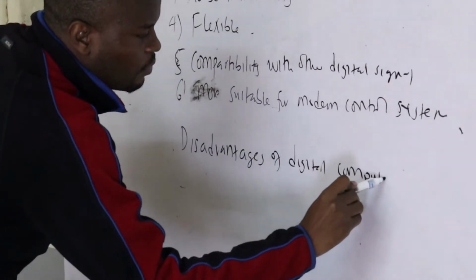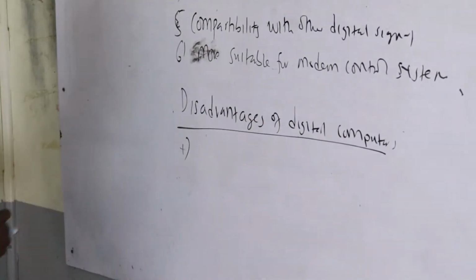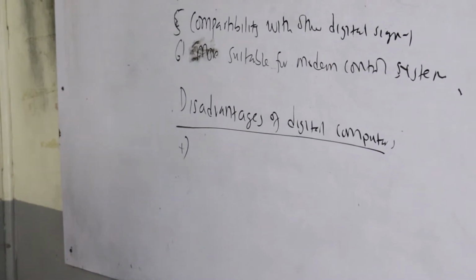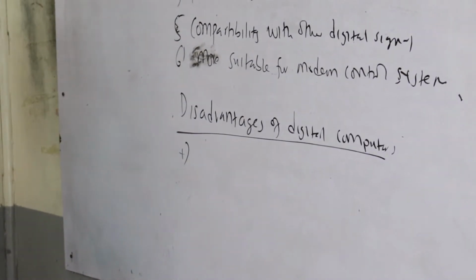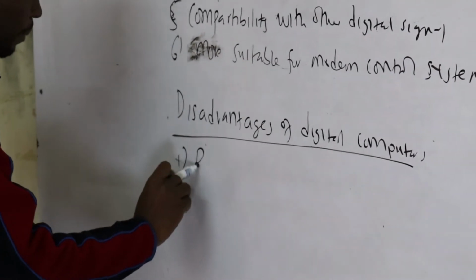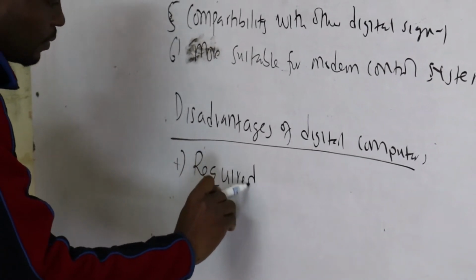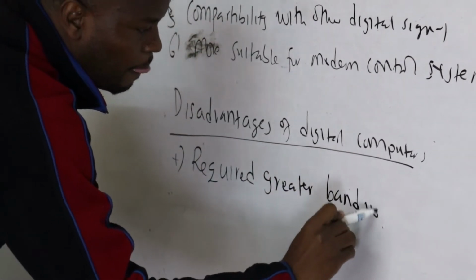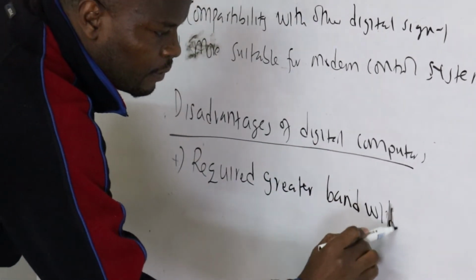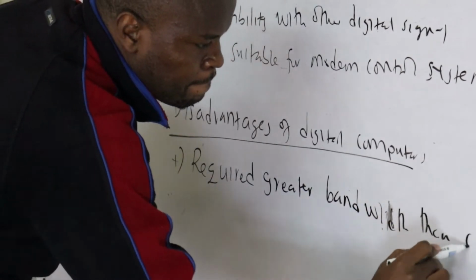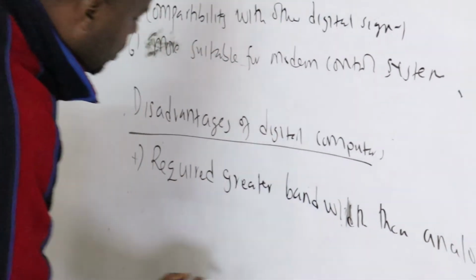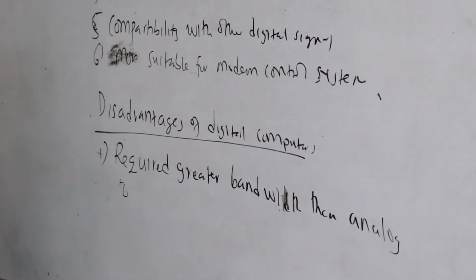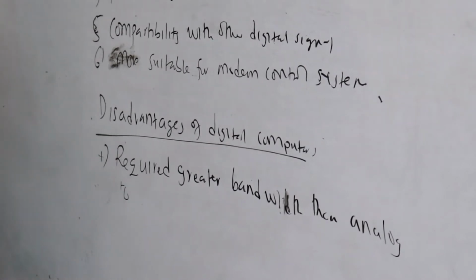The first disadvantage that we can talk about is that they usually require a greater bandwidth than analog in order to transmit the same information.